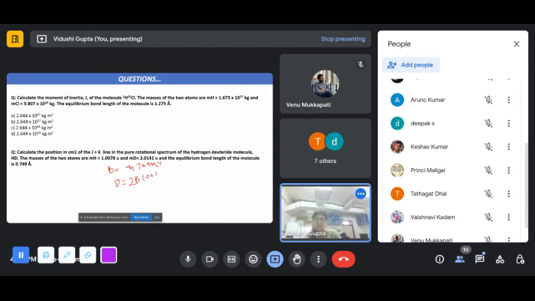J is 6, so it will be 2 into 44.73, into 6 plus 1. So after solving it, the answer will be 626.27 centimeter inverse. Is it clear up to now? Is it clear?